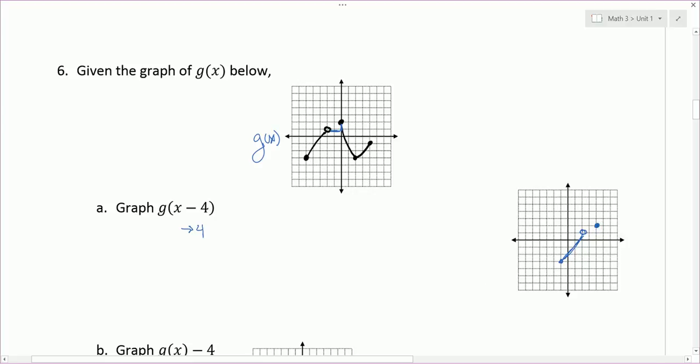I'm going to go down 1, 2, 3, 4, 5, right 2. Draw a little curve. And then from that point I'm going up to right 2. Draw a little curve. And then I've got my graph.